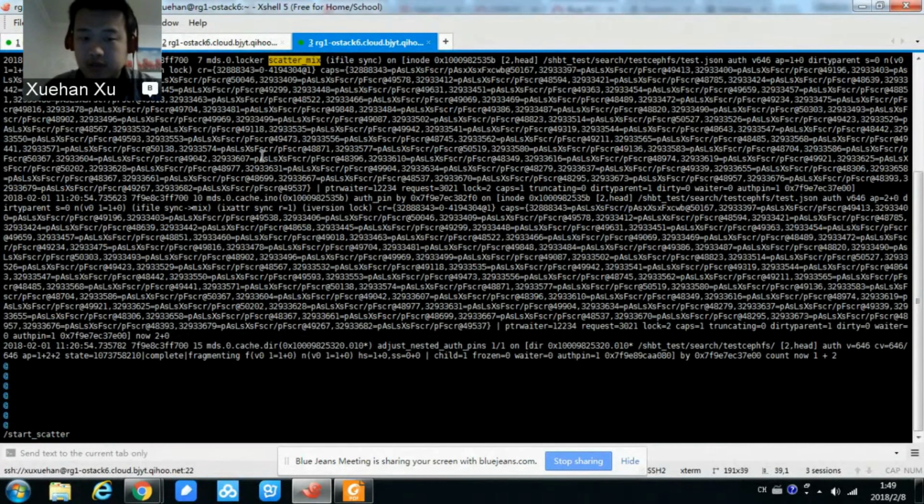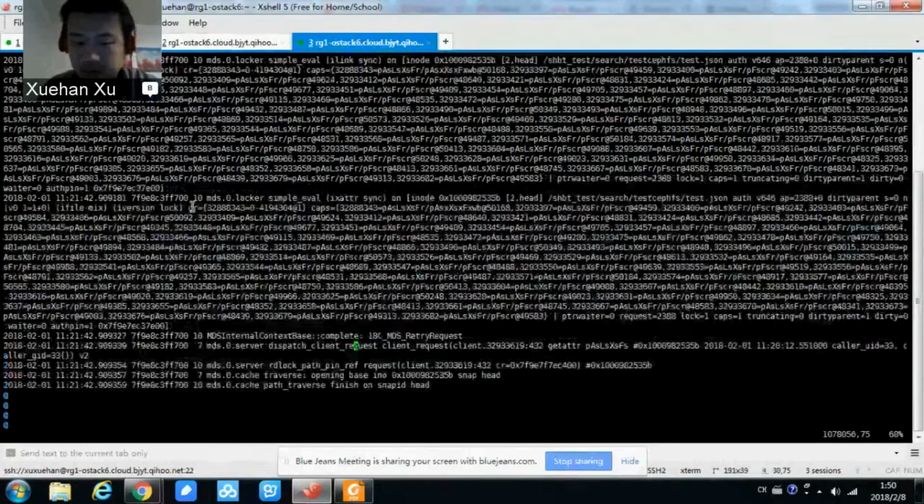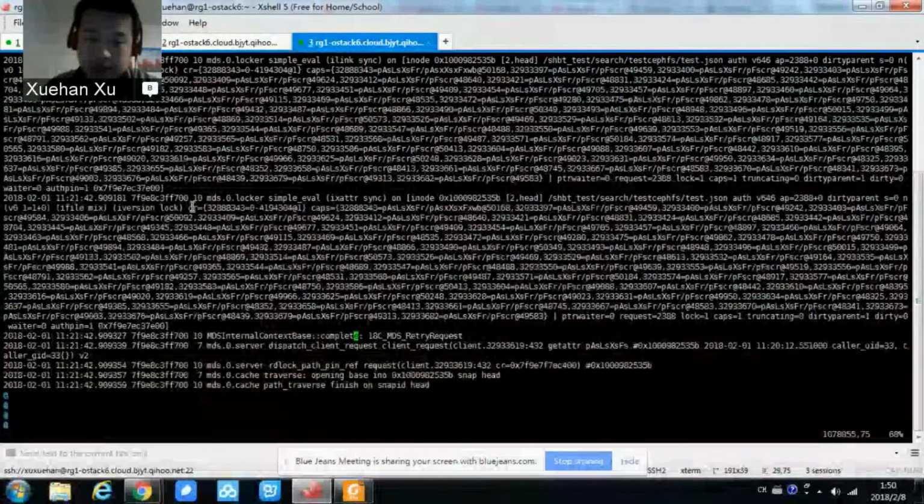After all the unallowed caps are revoked, the file lock goes into the lock mix state.